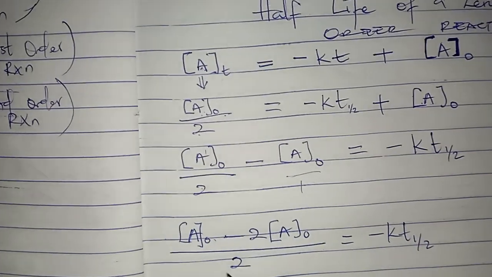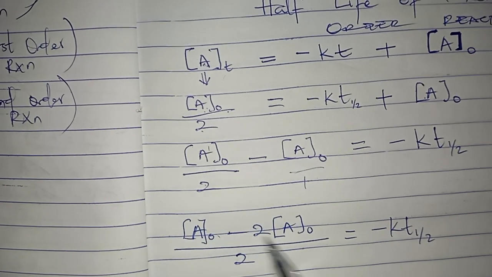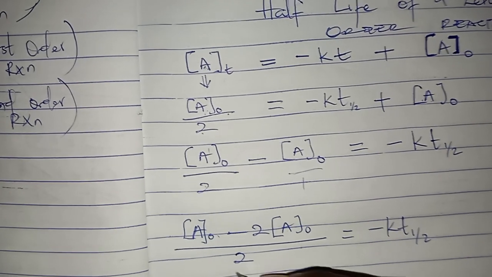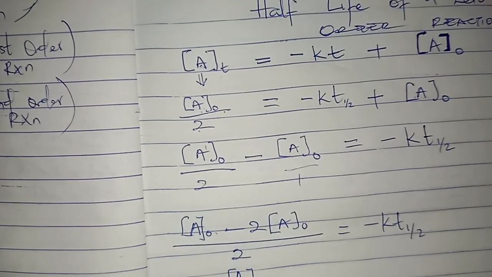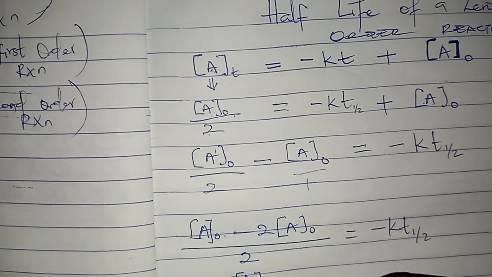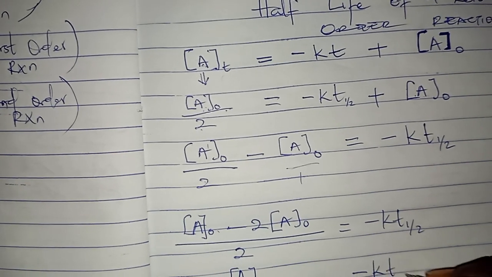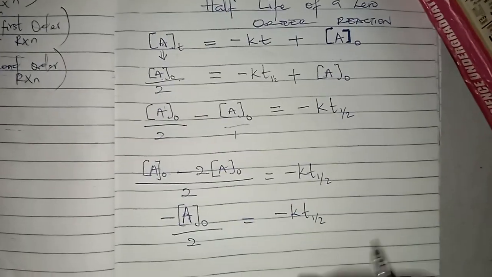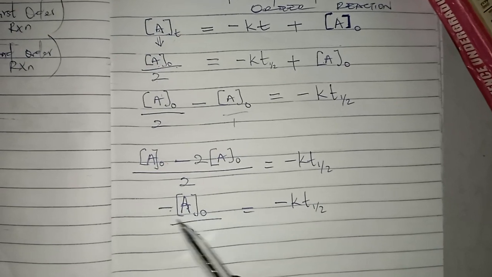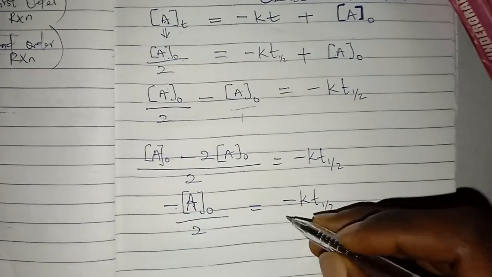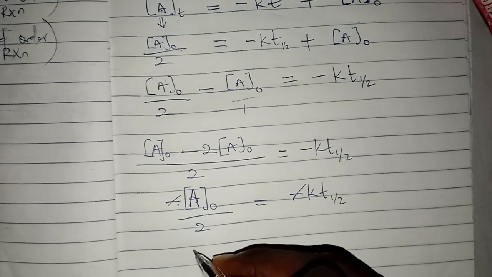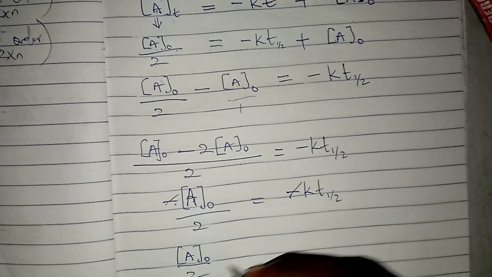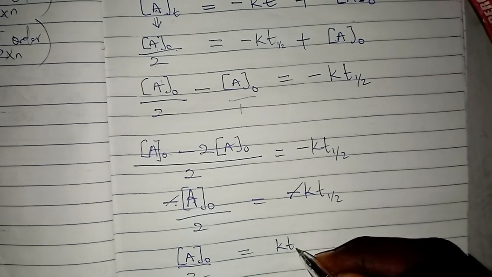So you can see that this is going to be A naught minus 2 A naught, which becomes minus initial concentration all over 2 equals minus KT half. You've seen it. So I have minus here, I have minus here. Let the minuses take care of themselves. So I have A naught over 2 equals KT half.